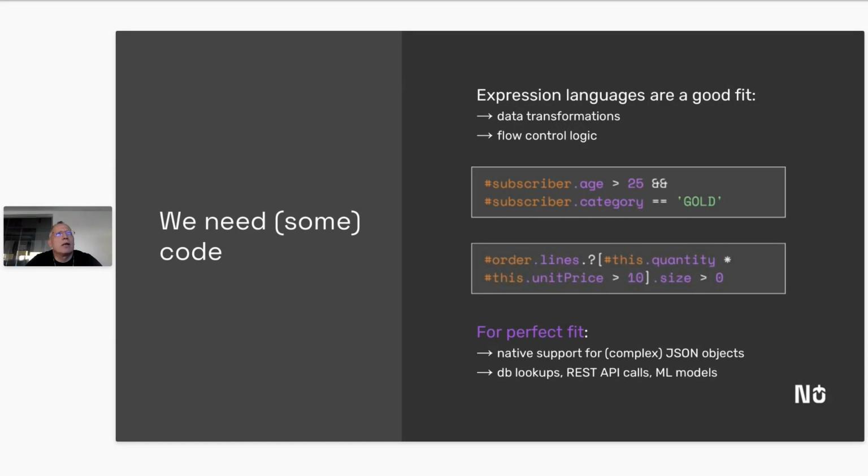Whatever the way, it somehow has to be seamless. If you think about it, DB lookups, REST API calls, or even ML models, it's about calling a function. So it's similar to what we have in spreadsheets. So probably this could be done in a pretty seamless way.